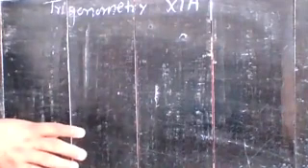You know all those formulas or identities. Sometimes you have an equation like a cos x plus b sin x, or a sin x plus b cos x. Such types of equations are there.